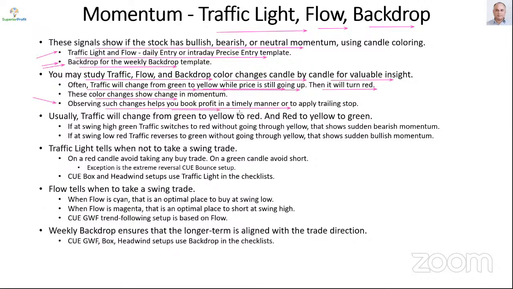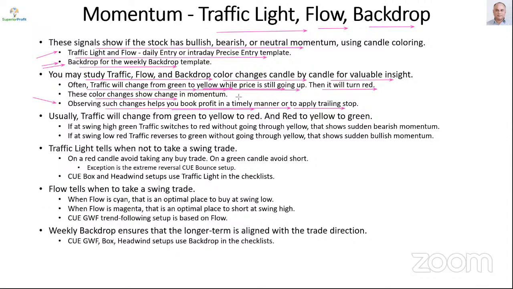Of course, we could also use the trailing stop, but we could also look at the color changes and continue to hold with quite high confidence while the color is still green. And when it changes to yellow, then we have to think about whether we should book profit or put a trailing stop. And that is the case when we may look at the stock using pivot levels.